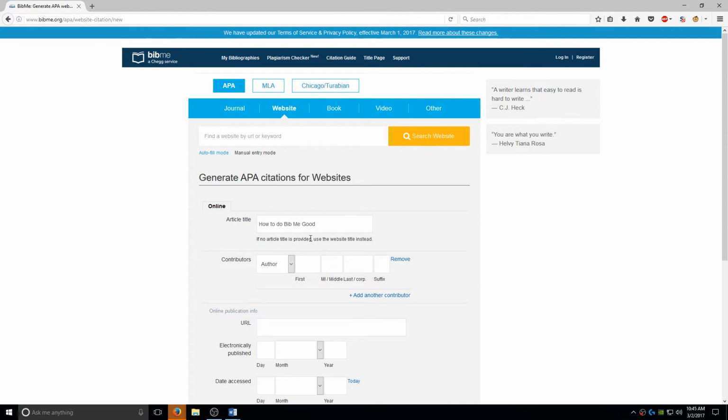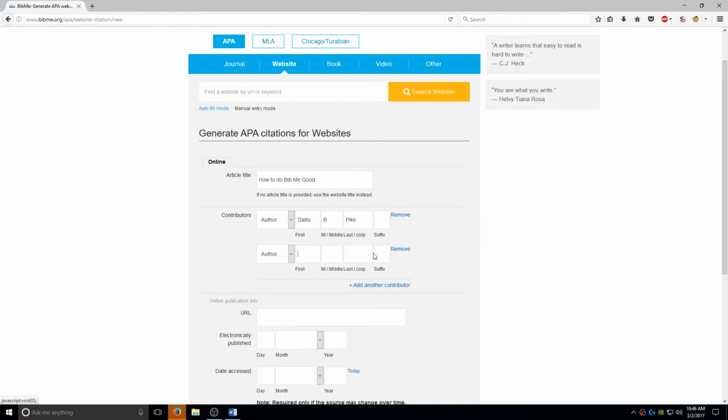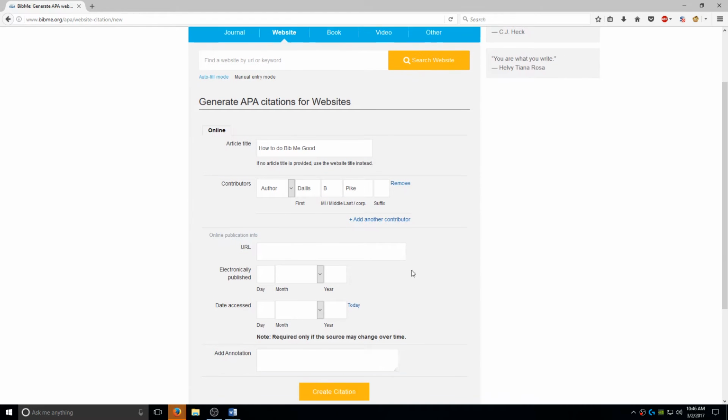If it has an author, let's say that this one does, we'll credit myself with it. We start with the first name, middle initial, and then last name, and any suffix. I'm not a junior or anything. If you have two authors, you can hit the plus, add another contributor, and it will add a new blank. But we'll just keep it at one.